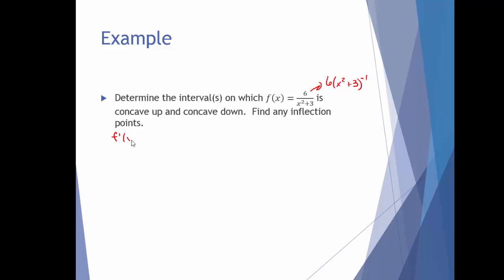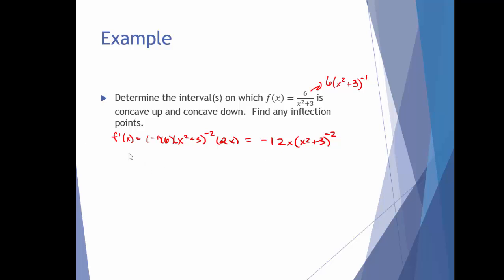So the first derivative is going to be negative 1 times 6 times (x squared plus 3) to the negative 2, times the derivative of our inside function, which is 2x. So we're going to end up with negative 12x times (x squared plus 3) to the negative 2. That's our first derivative.